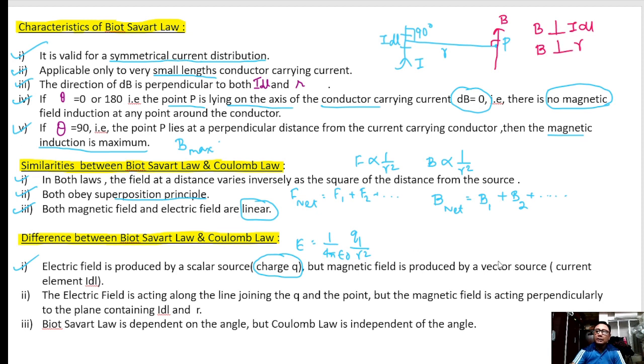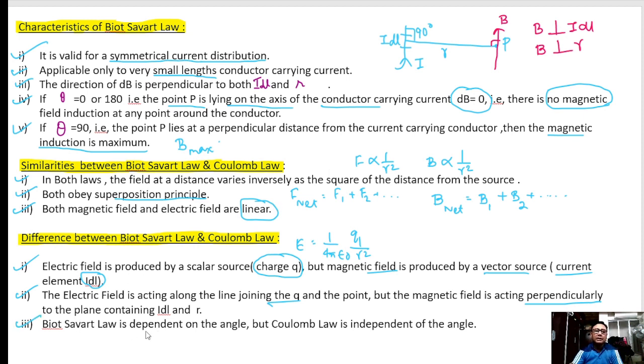But in the case of the magnetic field, it is produced by a vector source, which is the current. The magnetic field is due to the current element IDL, which is a vector source. The electric field acts along the line joining the Q and the point. Mind it, it is along the line. The magnetic field will be perpendicular to both IDL and R, but the electric field will be along the line joining the charges.